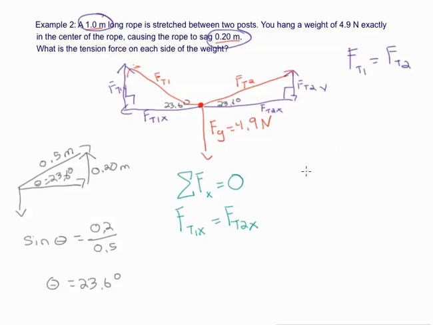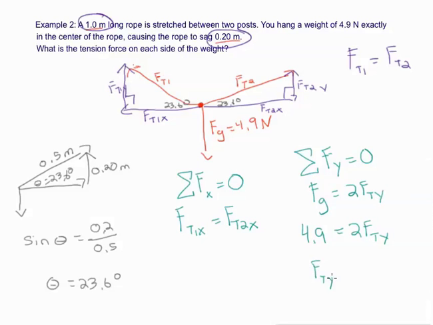In the y direction, we know the sum of the forces in the y direction is equal to 0, which means that this force, this 4.9, has to counteract these two forces. We can say Fg has to equal 2 Fty's. 4.9 is equal to 2 FTY. So our FTY has to equal 2.45 newtons.